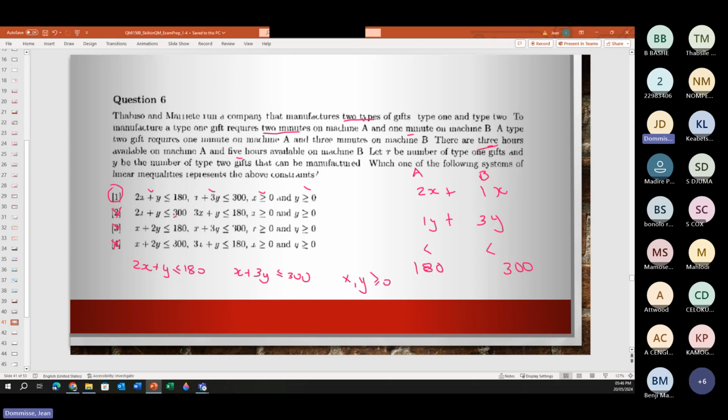But they will definitely in your exam have one of those where they will give you the option of how I made the mistake, so you might make that mistake as well. So just be careful when you're reading it, that you don't misread the minutes and the hours.